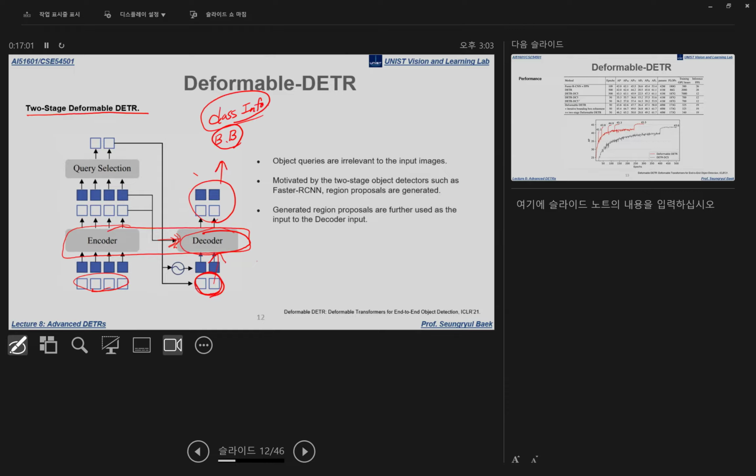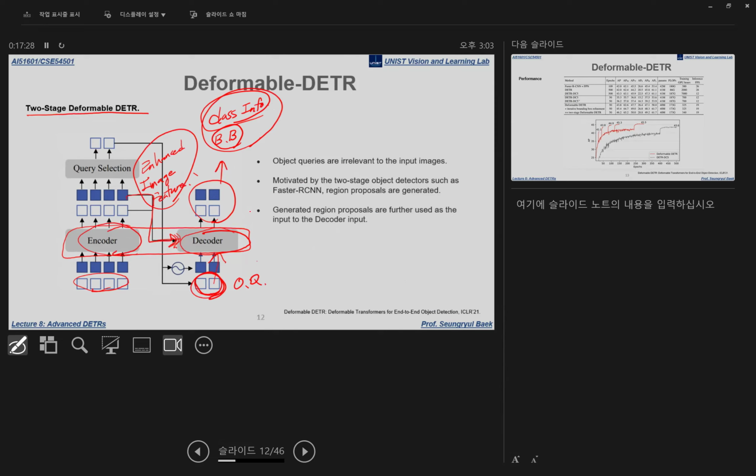The output of the DETR has to be bounding box information and also class information. Here, the encoder part we call the enhanced image feature. But we are cross-attending this enhanced image feature with some random, meaningless object queries to output the class information and bounding box information.